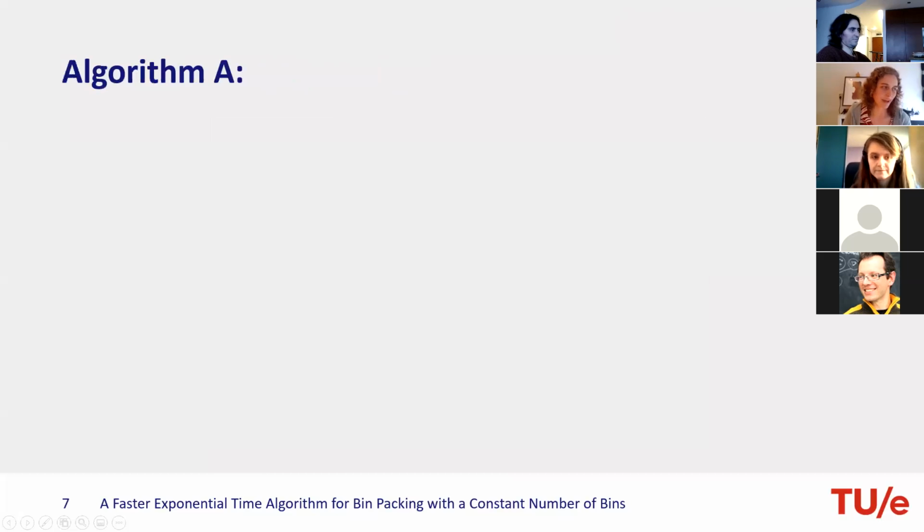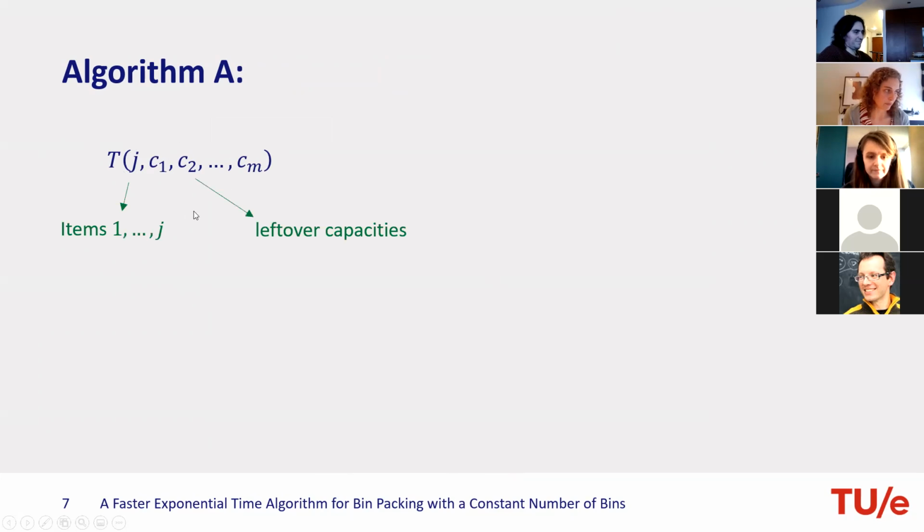And we're going to algorithm A, as I promised. Algorithm A is just a dynamic program where we have table entries indexed by J, which is a number of items, and leftover capacities. We say that T_j(C1, ..., Cm) is true if we can fit items 1 up until item J into bins with leftover capacities C1 to Cm.